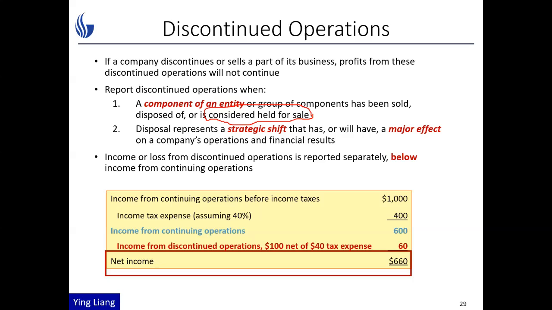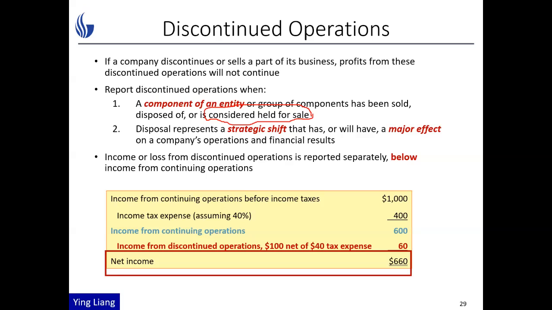Okay, so next we come to the discontinued operations. We call it income from discontinued operations. It is a gain of $100, but we also have to net out 40% income taxes. 40% of 100 equals $40. So then we report 60, which is 100 minus 40.